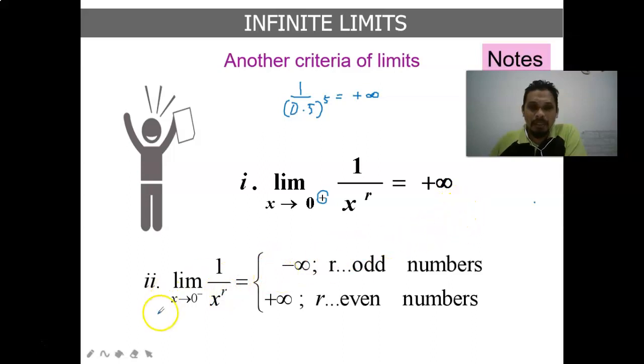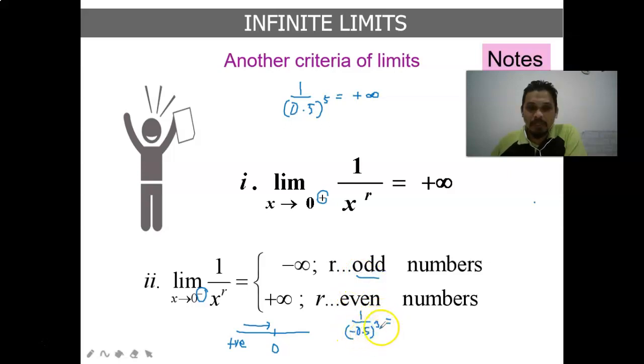And what about x approaching 0 from the left side? From here, all are negative values or negative numbers. So 1 over negative 0.5 to the power of an odd number, let's say 3.